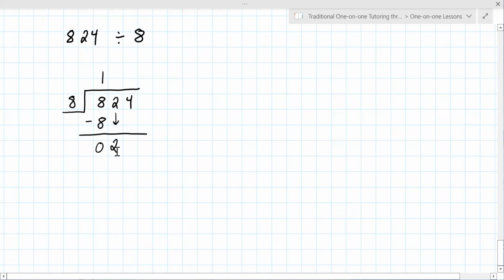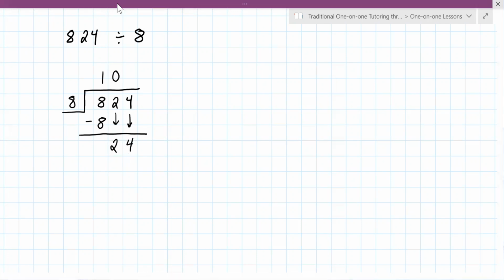Does 8 go into 2? No. So what number do you put up next to the 1? 0. And then what number do you bring down? 4. Does 8 go into 24?